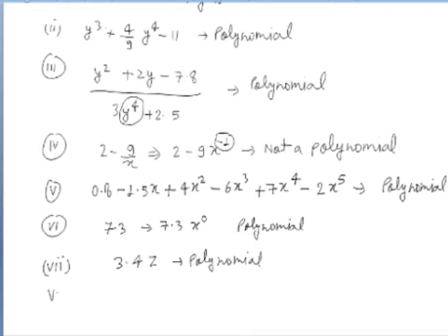And the eighth part is x plus 1 upon 3x minus 2. Here again, x is in the denominator. So if I solve this, this will become the power minus 1.